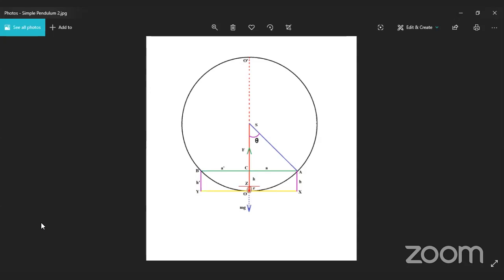If the increase in number in a day is dn, and suppose the number is n, then we can see that dn by n is almost constant over a certain period. That is, dn by n is k into dt.